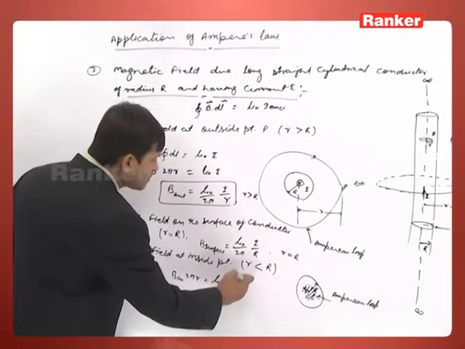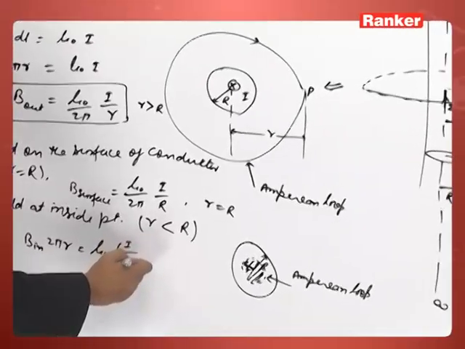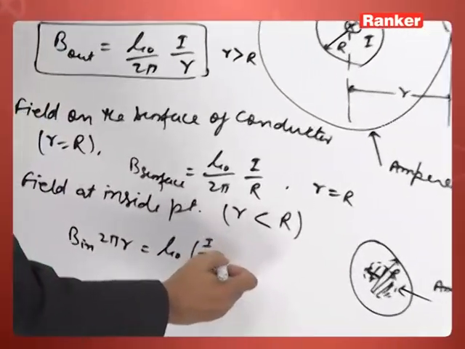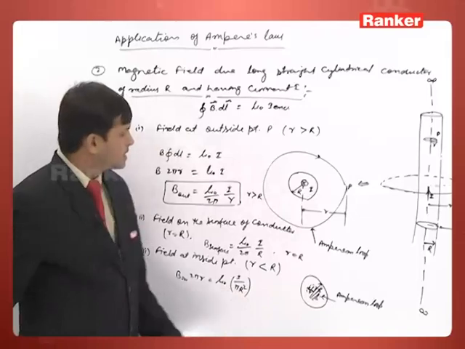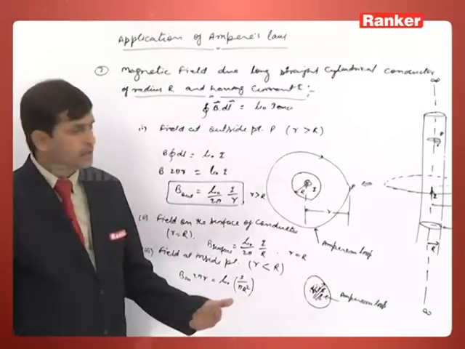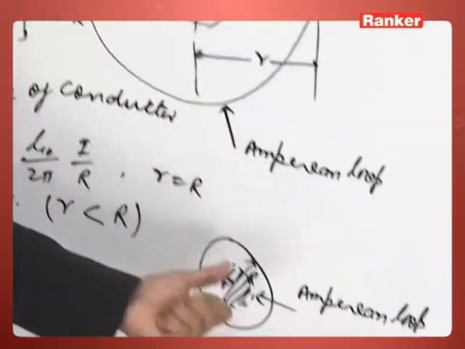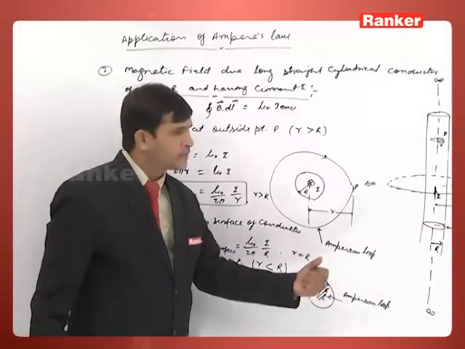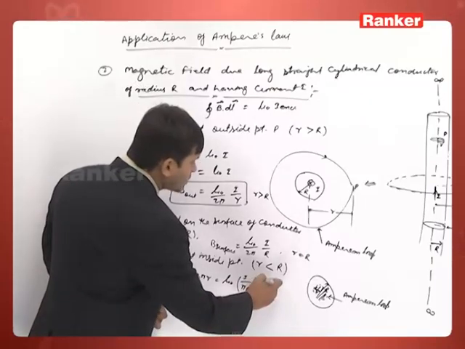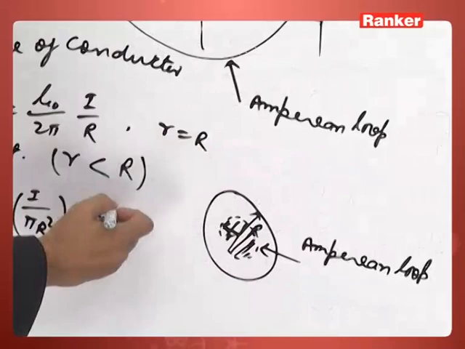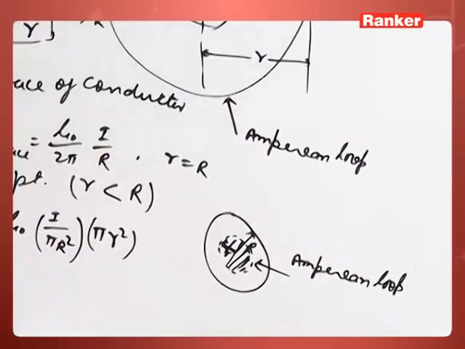So the current per unit area will be I by pi R square. This can be said to be the current density, current per unit area. Then the current associated with the area of radius r is pi into small r square.